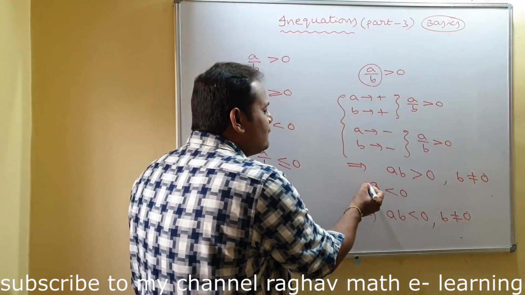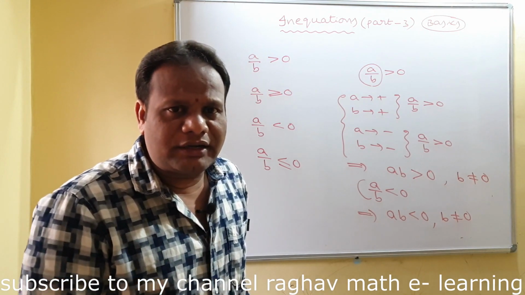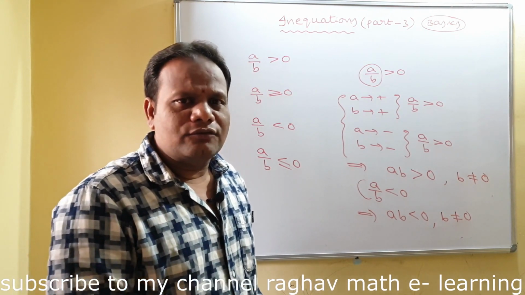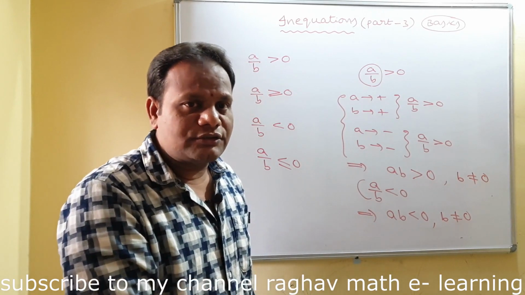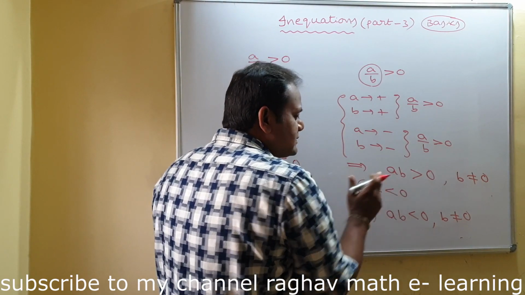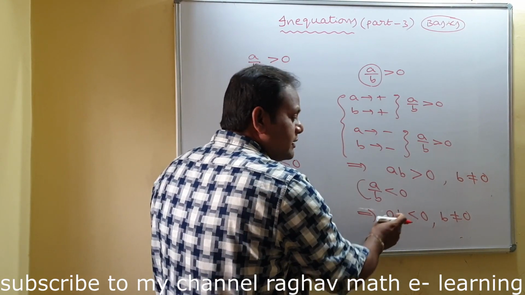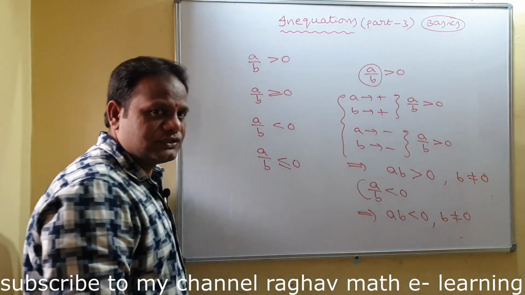Why? Because if these two have opposite signs, then their product must be negative, either positive into negative or negative into positive. That is the reason in any problem, if there is a by b less than 0, you can take a into b less than 0 and b not equal to 0.